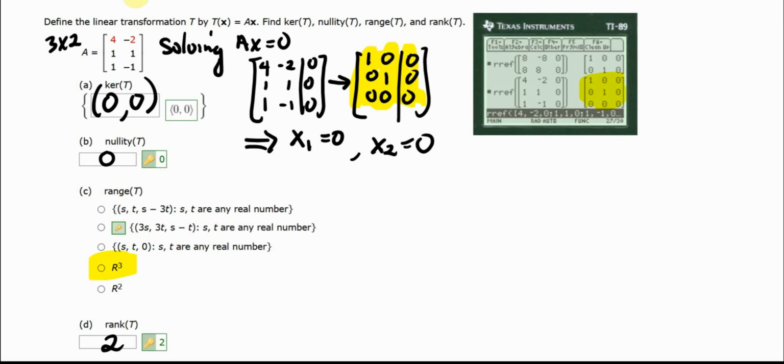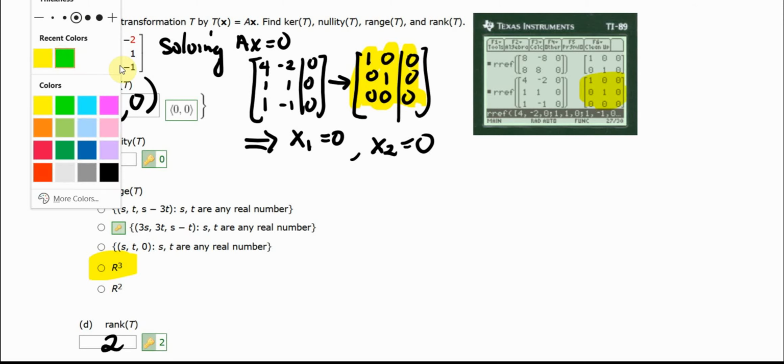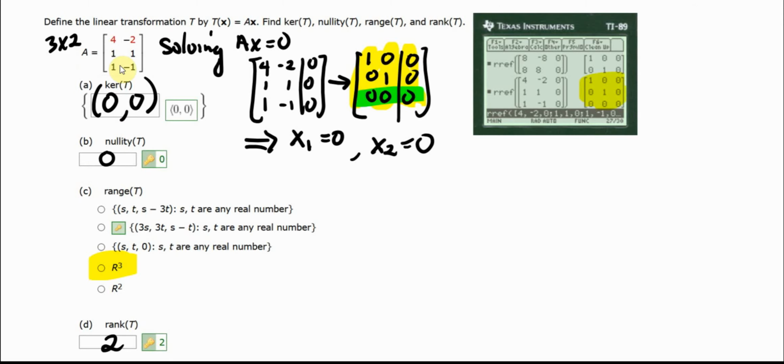It looks like that should be the range of T. But then when I looked at that, I said, well, that can't be, because this does not fill up R3, because this last row here is just 0. So you're best to get a 3-tuple vector with terms. So we have to rule this out.